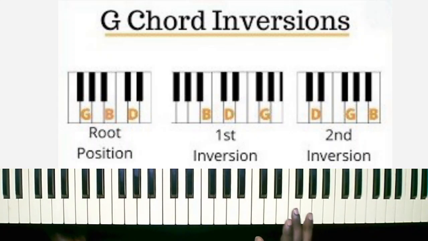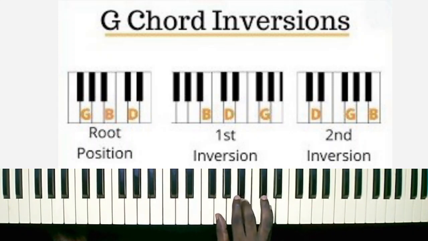Finger 1 plays B, finger 2 D, and then pinky G. Second inversion, we have finger 1 on D, finger 3 on G, and then pinky or finger 5 on D. Okay, so you can practice this one too.